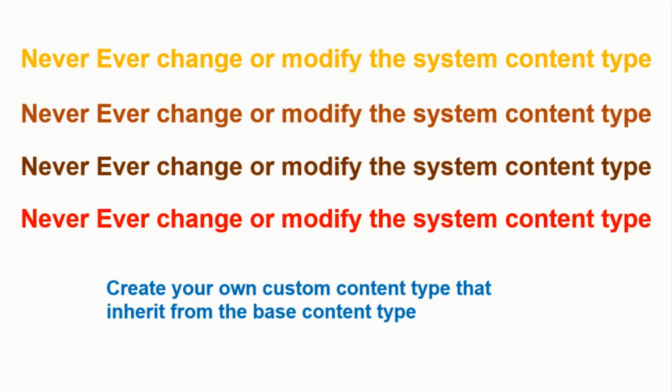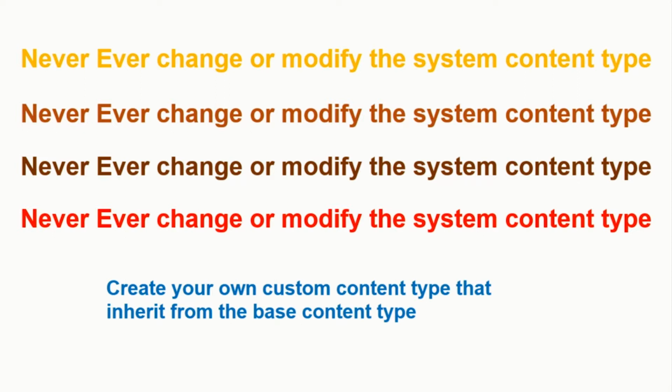In 4 years, I have only seen 2 cases where people went ahead and changed the system content type. And they said, whoops, it's not working. Nothing is working. I cannot design, I can't create, I can't do anything with Nintex. I looked deeper and saw that they had changed the Item content type, or the Document content type.